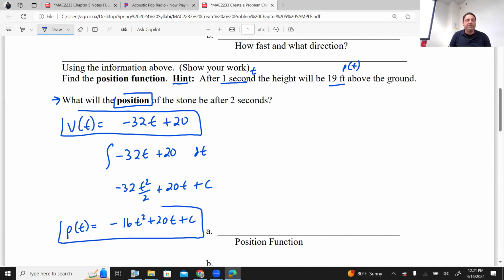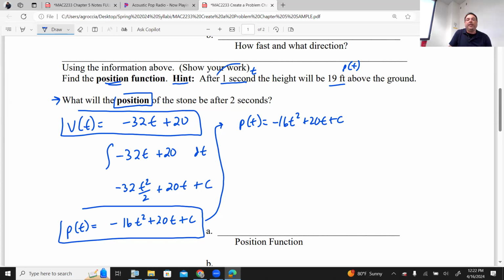Now, we have our position function, but there's an issue. The issue is we don't know c. So they have to give us information to find c. They tell us the position, which is where we're now at, the position function. When time is 1, the position's 19. So position is 19 when t is 1. So everywhere there's a t, you put in 1.